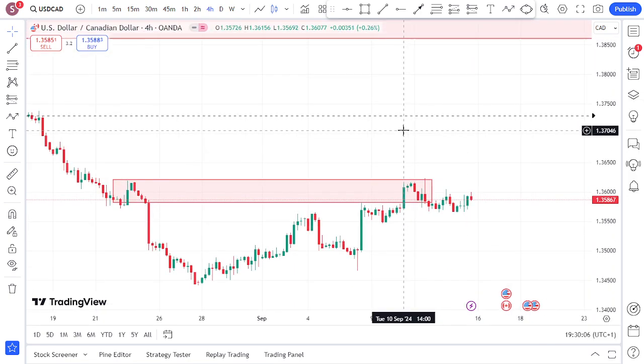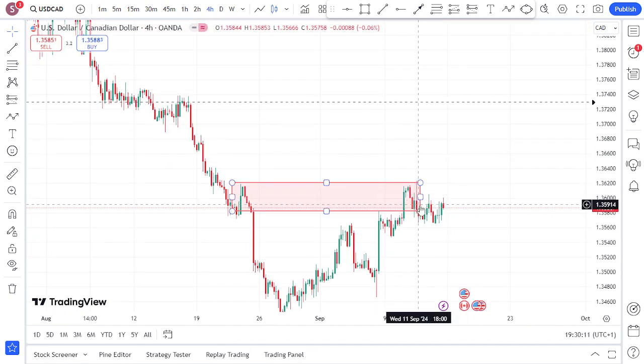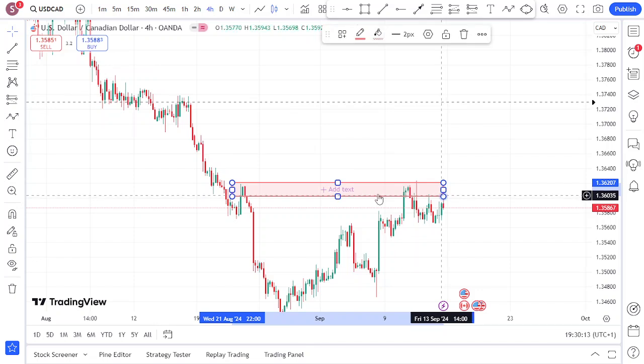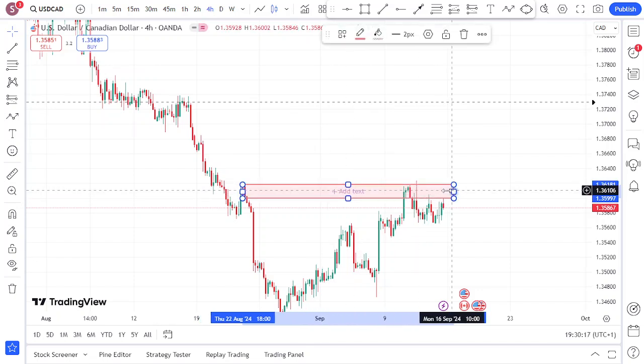So even H4 should be speaking the same language. What is H4 saying? To refine these entries even more, you can just mark that as our supply zone. We take that final candlestick.